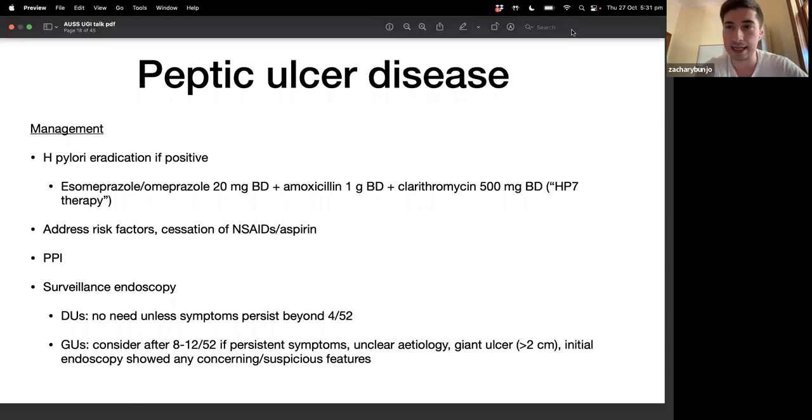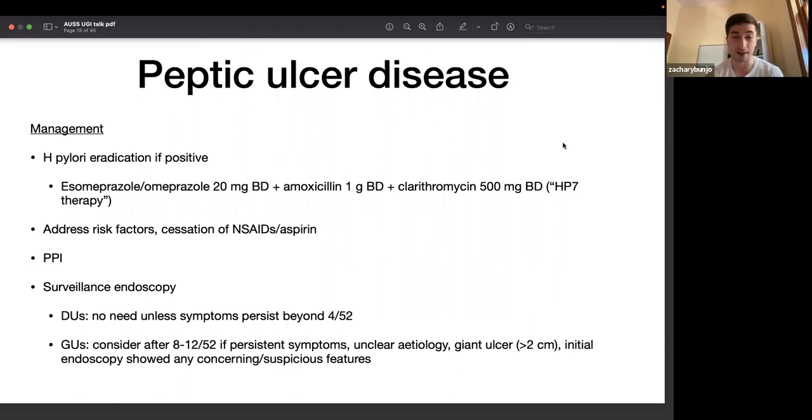Obviously address any underlying risk factors, so they should cease any non-steroidal or aspirin if they're on it, and should have a PPI. In terms of surveillance endoscopies, the risk of cancer is thought to be quite low with duodenal ulcers, so endoscopy in this setting isn't particularly indicated unless they have persistent symptoms beyond a month of good medical therapy.